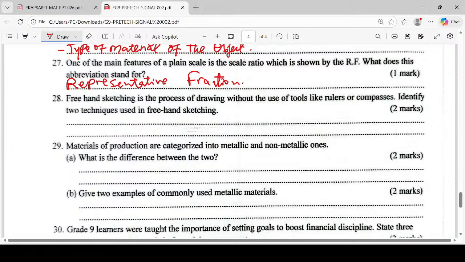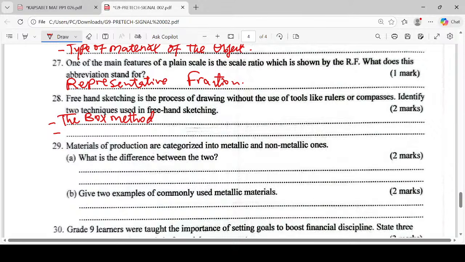Question 28. Freehand sketching is the process of drawing without the use of tools like rulers or compasses. Identify two techniques used in a freehand sketching. We have what's called the box method.